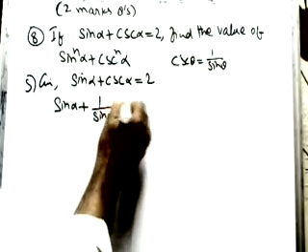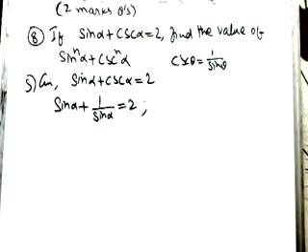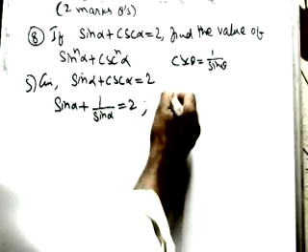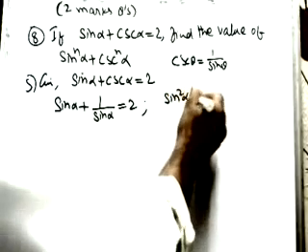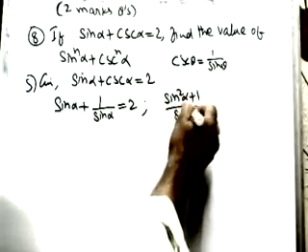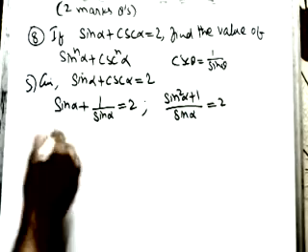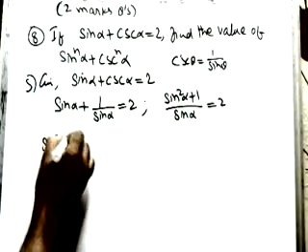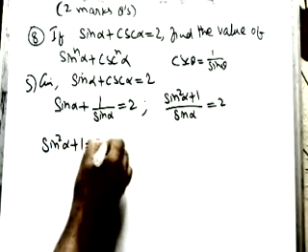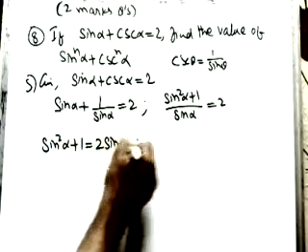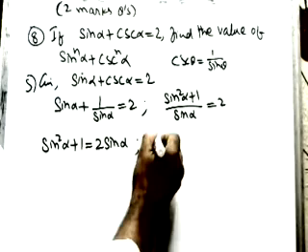So cosec alpha can be written as 1 by sine alpha, equals 2. Let us take the LCM, sine square alpha plus 1 by sine alpha equals 2. Bringing this sine alpha here, sine square alpha plus 1 equals 2 sine alpha.